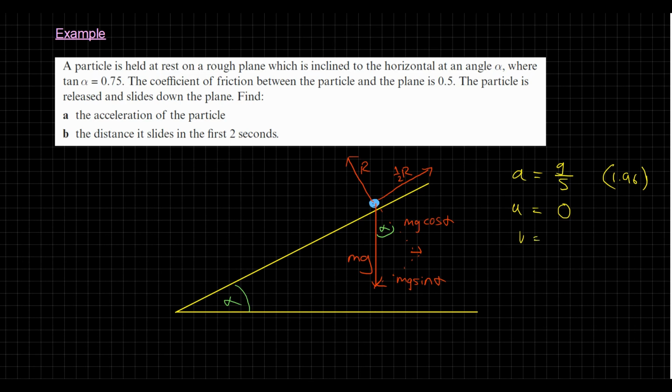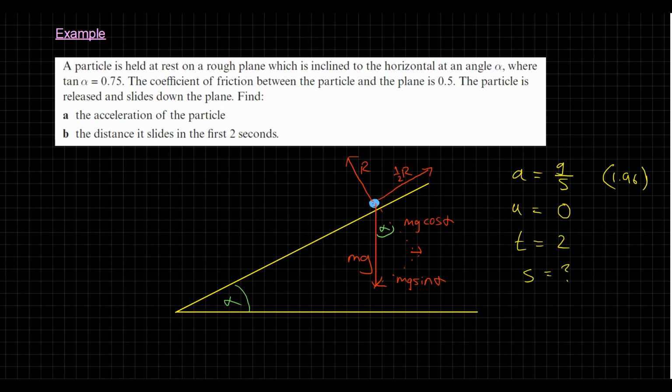Final speed, do we know that? I don't think we do. Okay, we don't know that. Time, we're given that. 2 seconds. Okay, so we know three things, that's enough. So that should be enough to get us what we want to know, which is s. Okay. So then we choose the appropriate SUVAT equation.